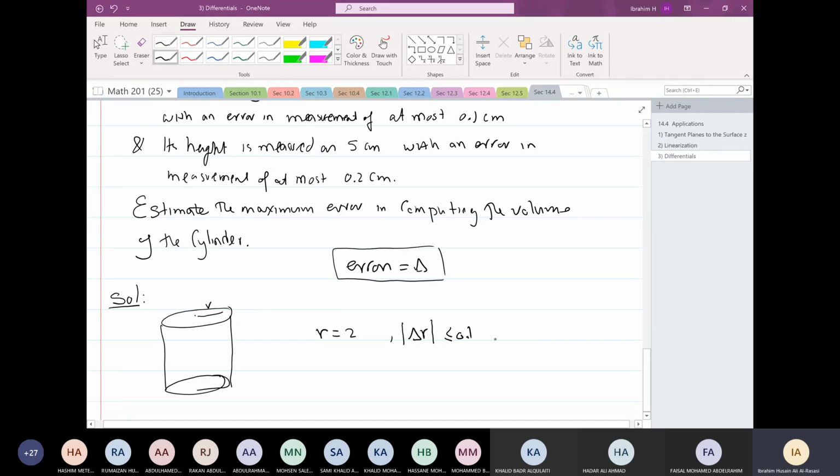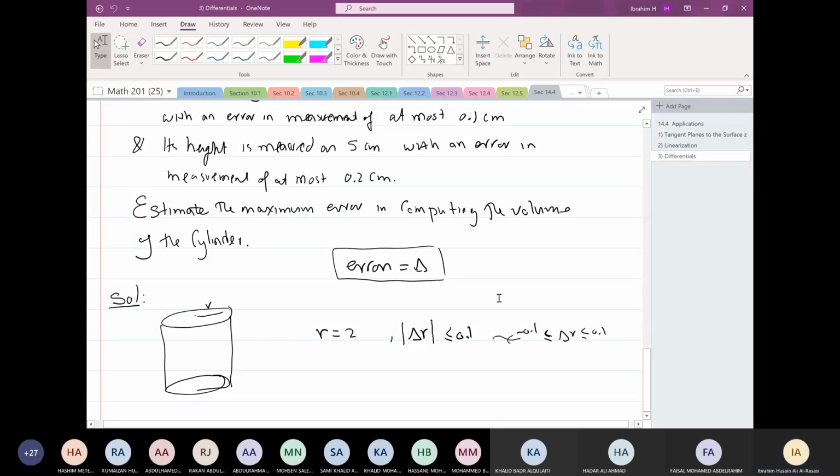To take all possible values, delta R is between 0.1 and minus 0.1. All of these are possible values for the error. So 2 plus or minus 0.1 or less. This is what it means, a measurement error of at most 0.1.